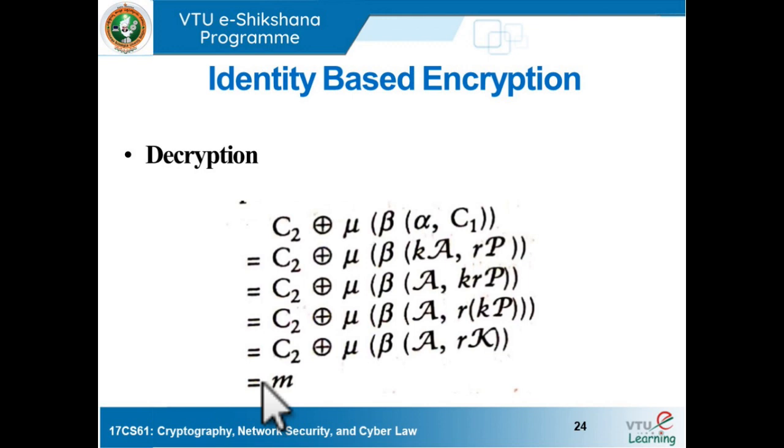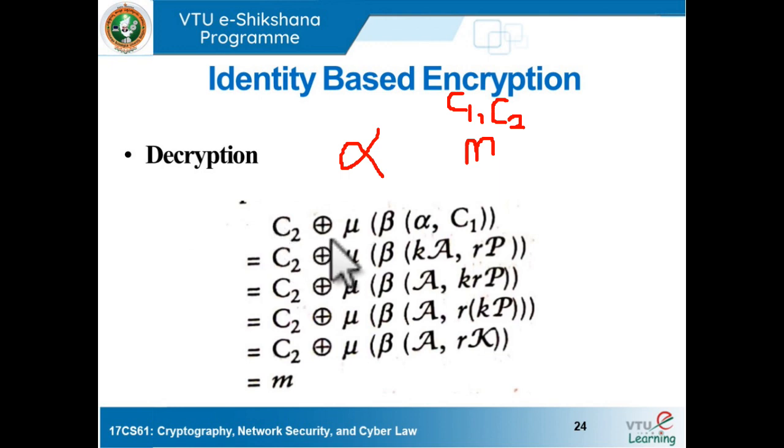Let us see this process. Alice will use her private key alpha, and we need to get back the message M from ciphertext C1 and C2. C1 and C2 are sent by Bob to Alice. Now what is happening in the first equation?